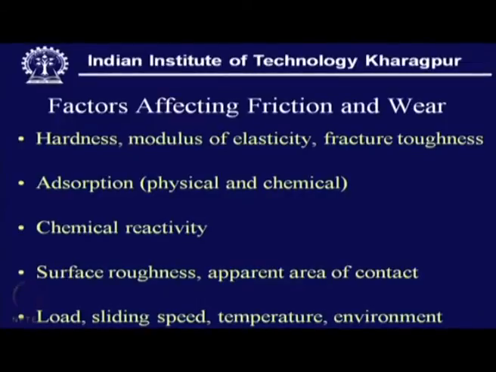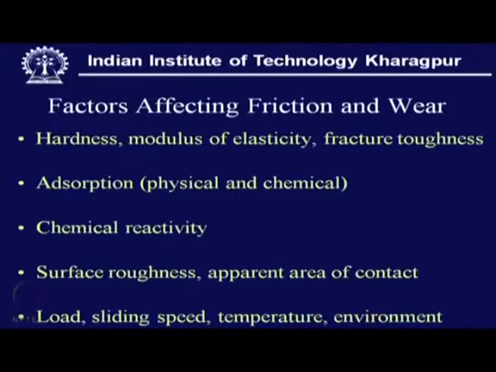Now comes surface roughness and apparent area of contact. From our common understanding, we can feel a surface is smooth or rough, and without looking into the chemical or metallurgical aspect, that means metallurgical affinity or chemical affinity, even we get a feeling that a rough surface means it is going to give a higher value of friction force, resistance to motion, and as a consequence there will be a higher magnitude of wear, or the growth of wear may take place at a higher rate.